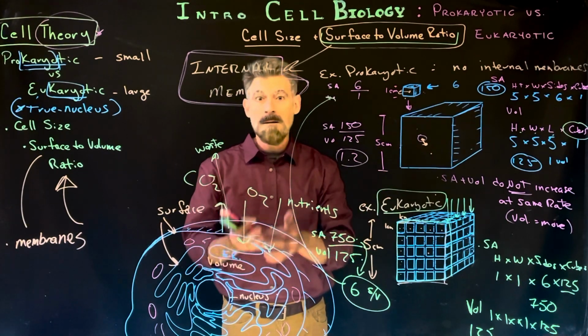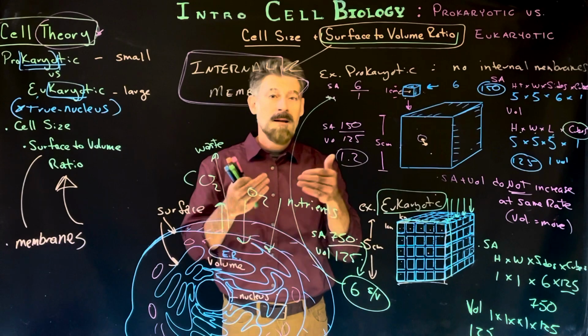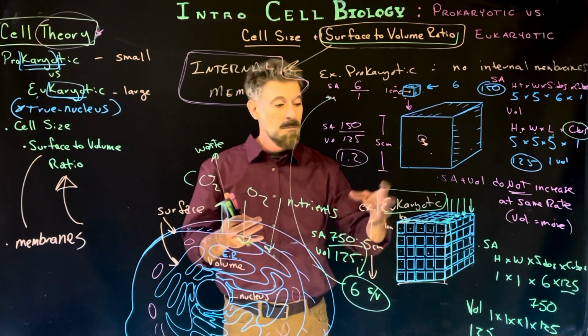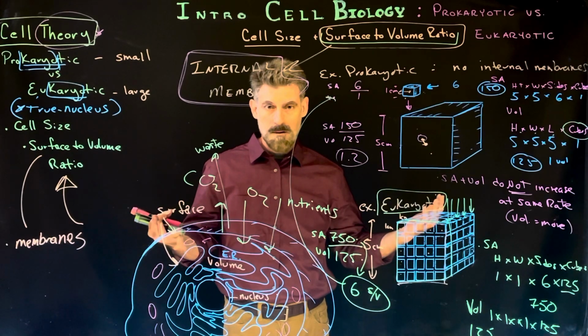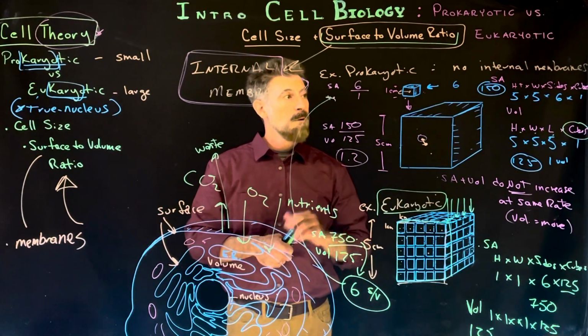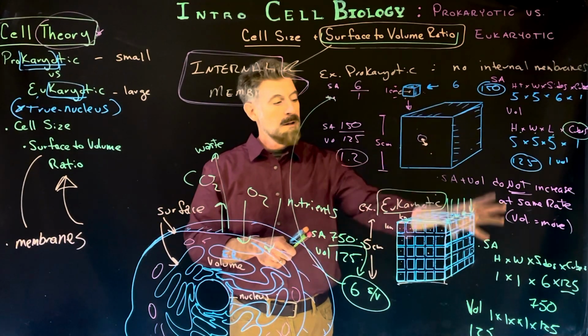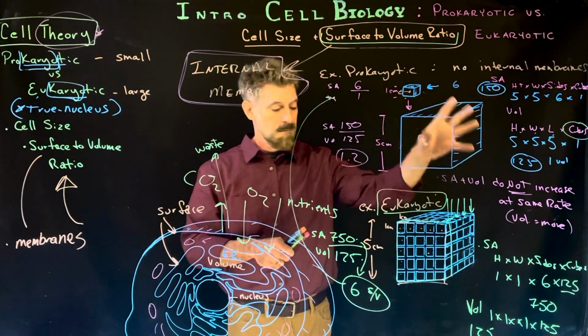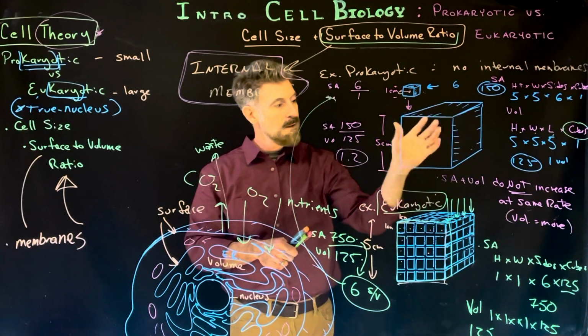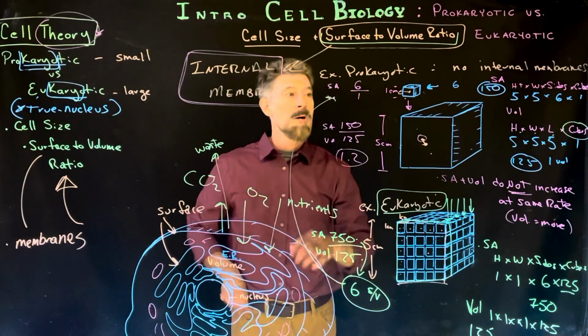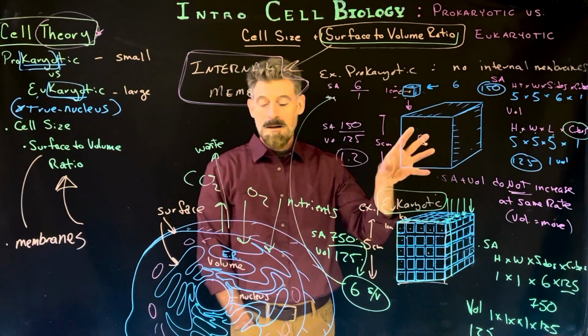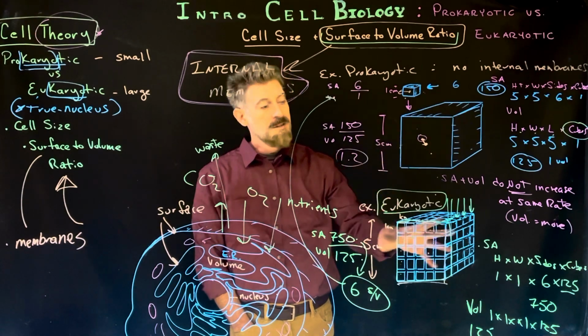So doing the job that you need to do well is the goal. And by having more membranes, you can do that, regardless of your size, small or large. So hopefully that will clear this up for you. We aren't going to be running calculations for students in the class, but if you look at these calculations and maybe compare them to some other images you find in the textbook, hopefully this explains it, and you can see what I'm talking about.